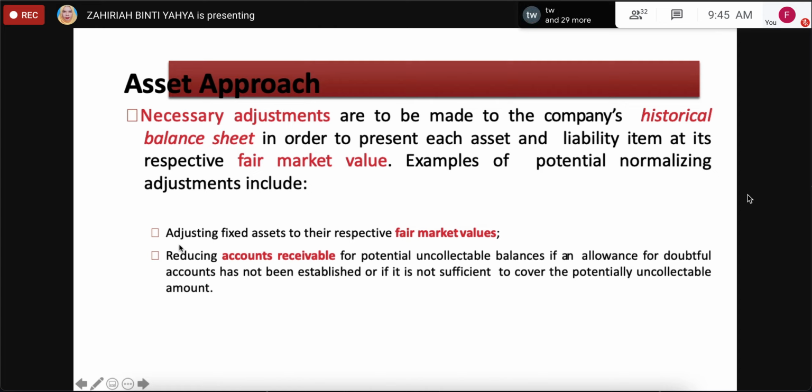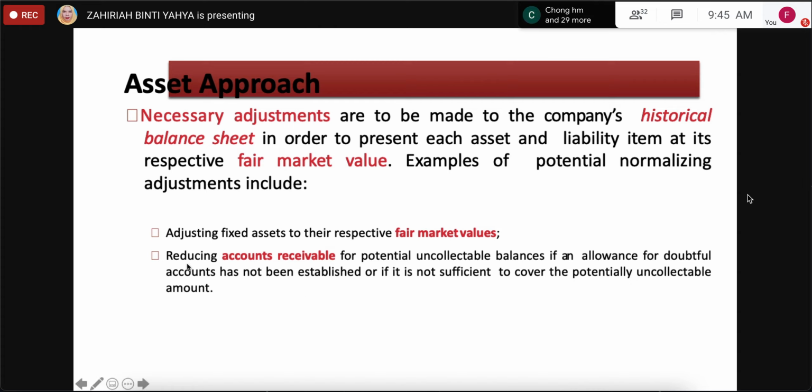Okay, contoh, this is example of normalizing adjustment, ya. Okay, adjusting fixed asset to their respective fair market value. Let's say you tengok ada plant and machinery dalam balance sheet tu. So you kena make sure it is fair market value. Kalau historical cost, takut dia letak harga dia beli dulu kat situ, you have to jadikan dia fair market value, ya, deduct the depreciation or whatsoever.